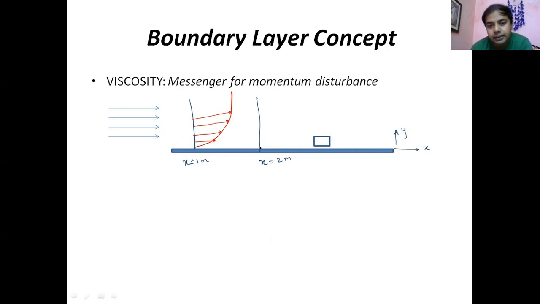Here, what is happening? At the plate, nearby to the plate, it is 0. The top layer, just above the adjacent layer, has its velocity. Now you take the velocity here and the velocity here. Which is more?